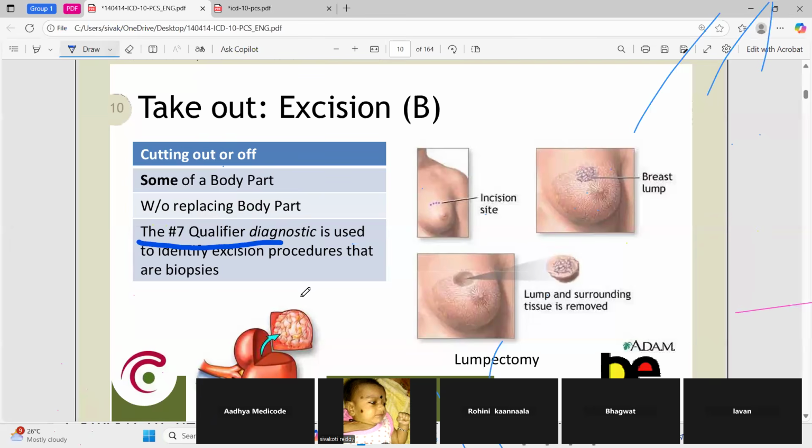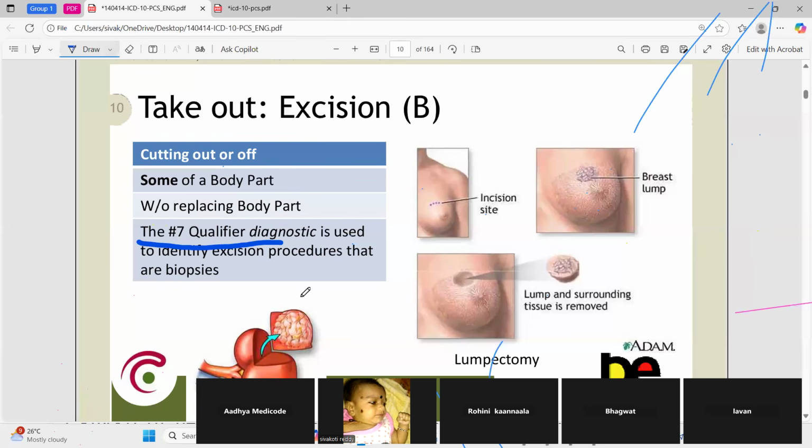Appendectomy is not a partial removal, right? Appendectomy means removal of the appendix, not a portion of the appendix. Excision is only a portion of removal, not the complete body part, like partial ectomies: partial appendectomy, partial cholecystectomy.